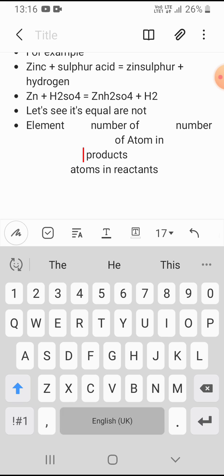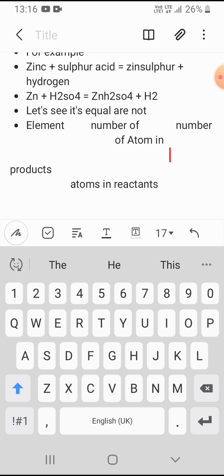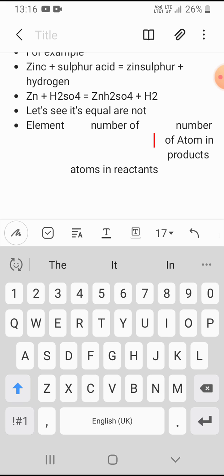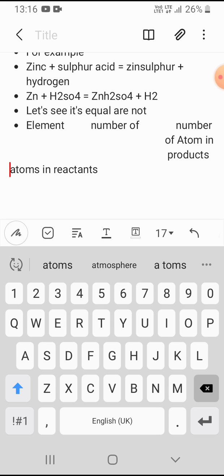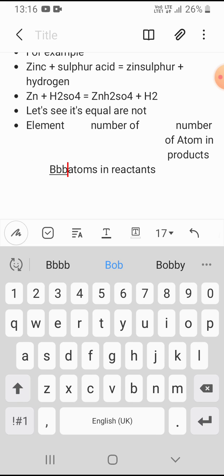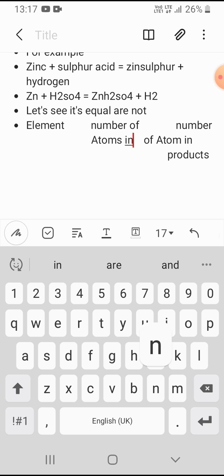Number of atoms in the product that we get. Here only we put the number of atoms in reactant.